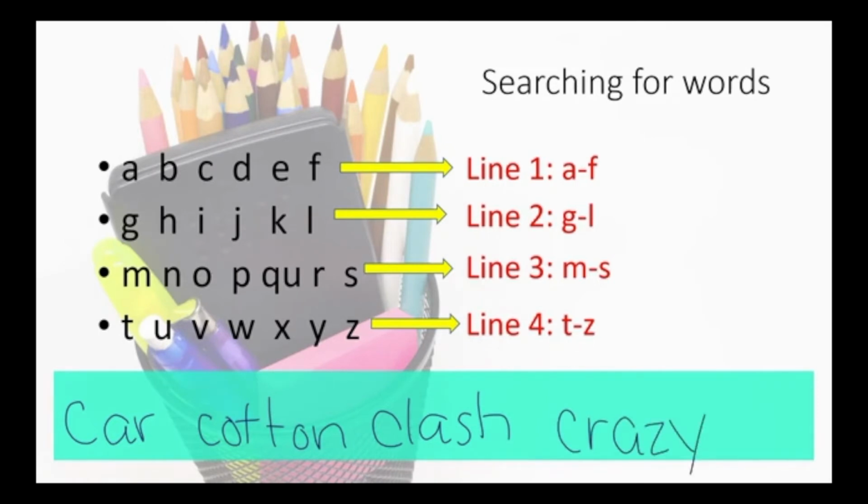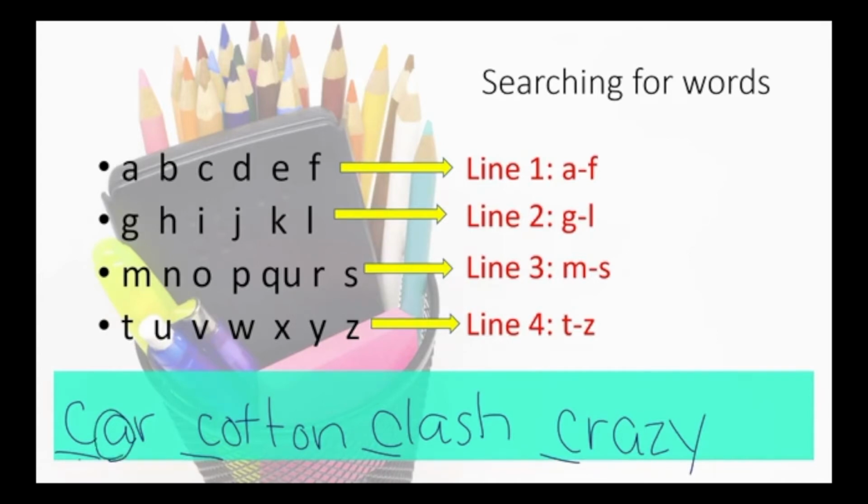So in this case, every single word I've given you starts with the same first letter, which means that we can't decide just based on the fact that they're all in line 1 and they all start with the letter C. So we're going to look beyond that at the second letter of the word.